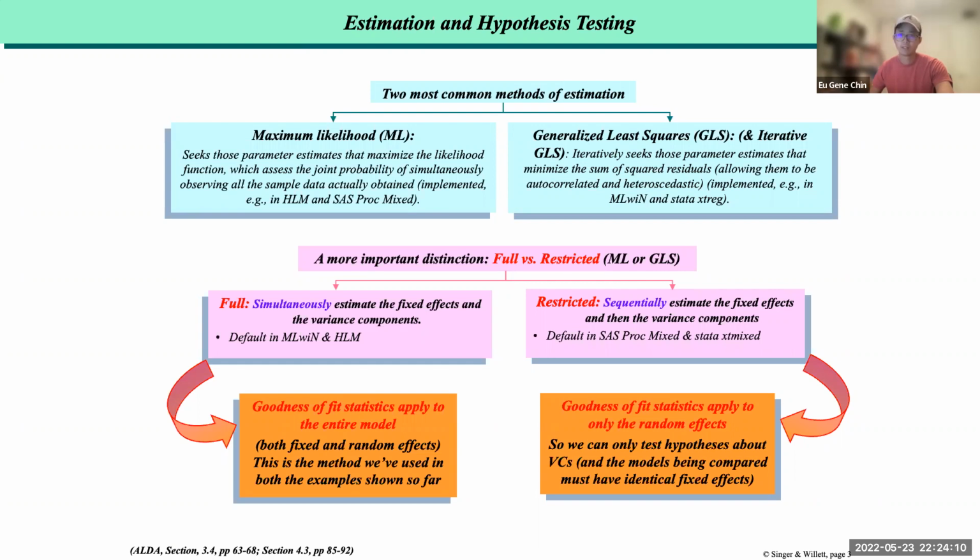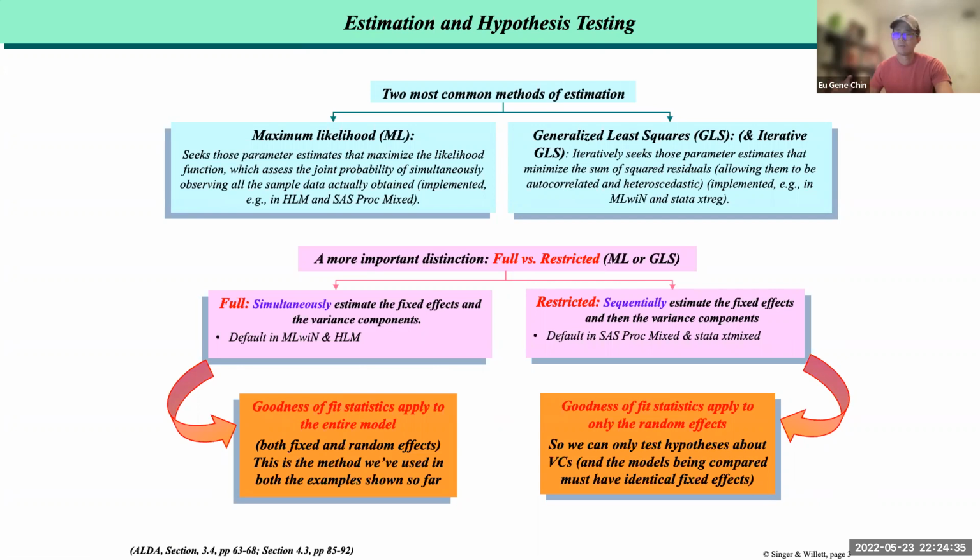Different from OLS, GLS is not going to require your residuals to be independent and homoscedastic. GLS actually allows the residuals to be autocorrelated and heteroscedastic, similar to the residuals that we have in the composite multi-level model for change.